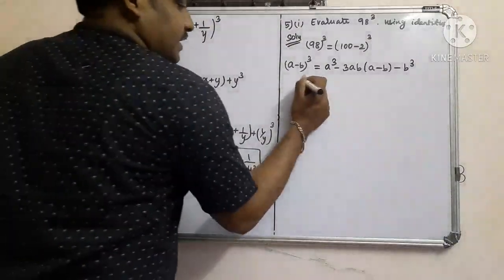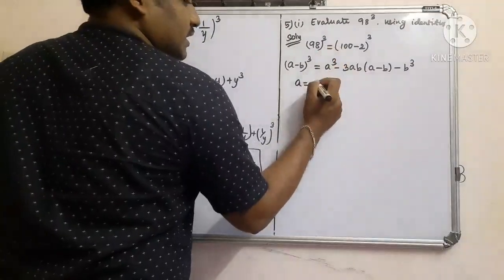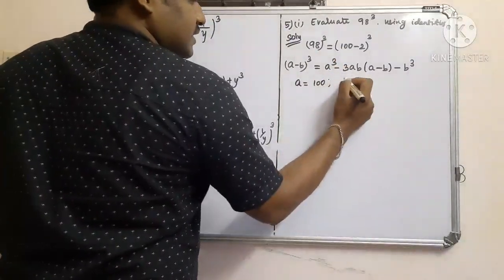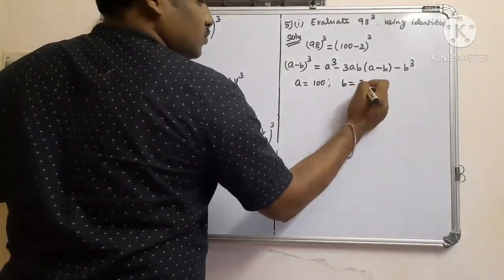So instead of a you have to substitute 100, instead of b you have to substitute 2.